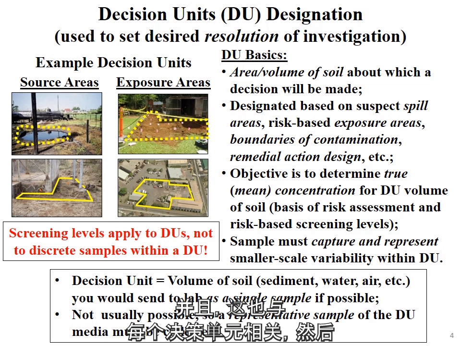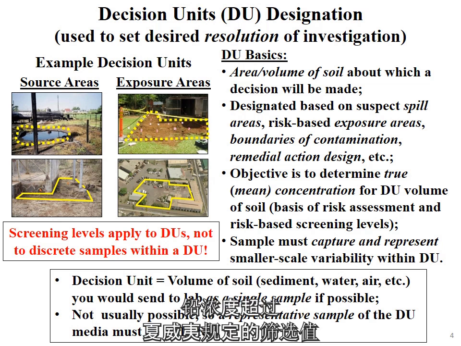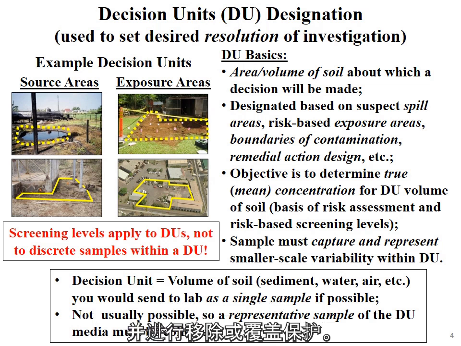And associated with each DU is also a decision statement. So once you collect the data, you're prepared to carry out some action on that decision. In this case, if the concentration of lead in this backyard exceeds Hawaii's screening level of 200 ppm, then that entire DU will be excavated and removed, or maybe it'll be capped.